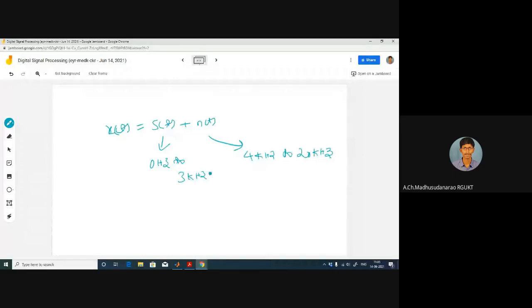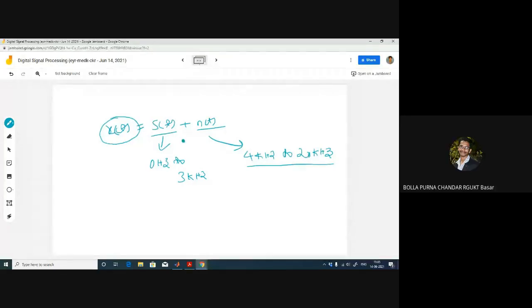Then how can I separate my signal from the noise? If I try to play this x of t, I am going to listen to both signal and noise together, because this is an audible frequency range only, right? If I want to listen to only the s of t part, how can I do that?